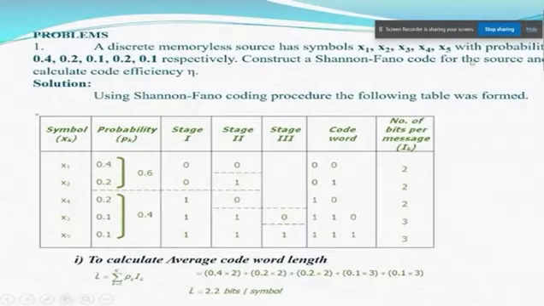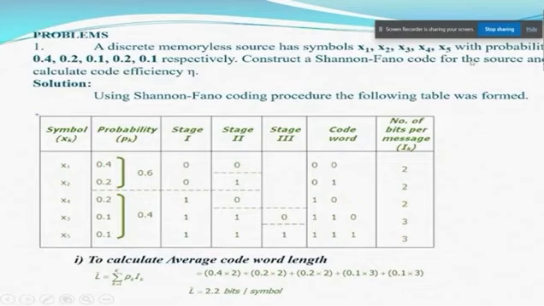Now we can take a problem: a discrete memoryless source has symbols x1, x2, x3, x4 and x5 with probabilities of 0.4, 0.2, 0.1, 0.2 and 0.1 respectively. We have to construct a Shannon Fano code for the source and calculate the code efficiency eta.